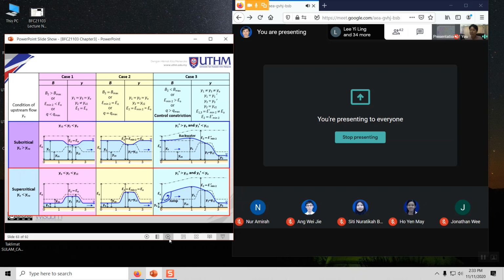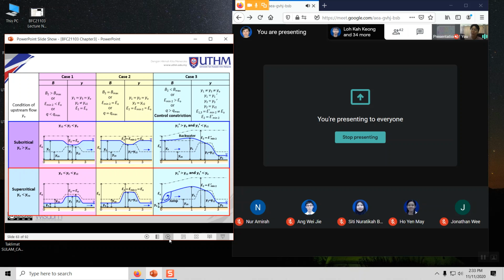When you have case 2, when B2 is equal to B max, your Y2 is equal to YC2. I use YC2 because YC at location 2 is different from your YC at location 1, because the width of the channel is different. Then you keep reducing the width.